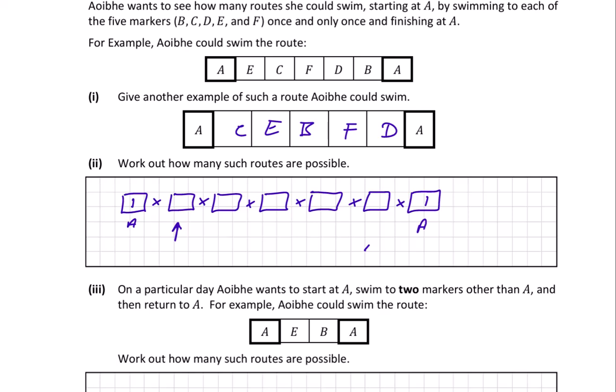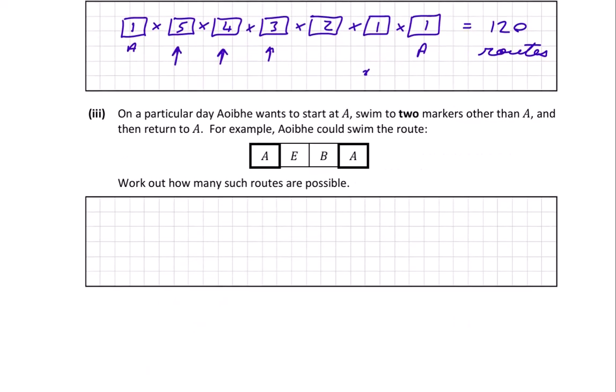Well, if she starts at A, there are 5 other markers, so she has 5 choices there. Once she's picked one of those markers, she has only 4 left to choose from. And once she's picked one of those, she has only 3 left to choose from. Once she's picked those 3, then she has only 2 left and 1 left here. So if you multiply all of those, you will get 120 routes. That's it. Okay, next one then.